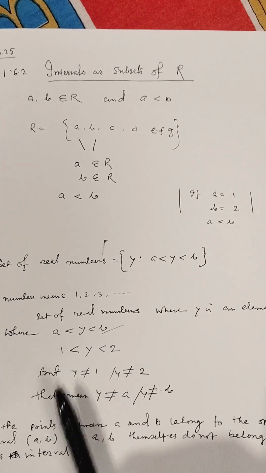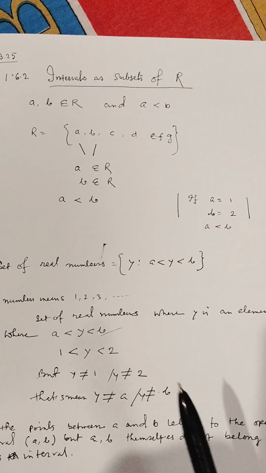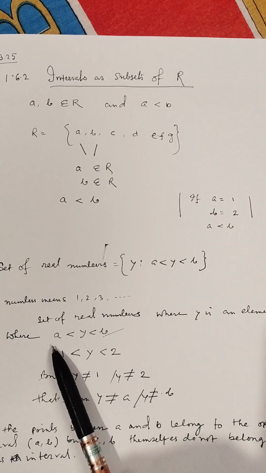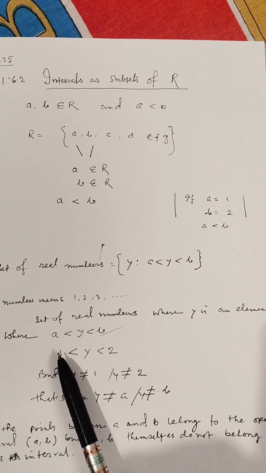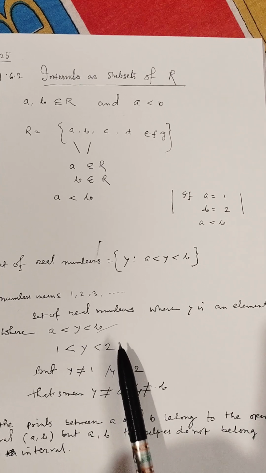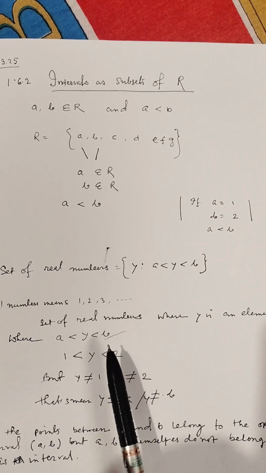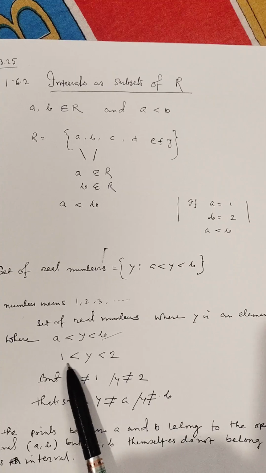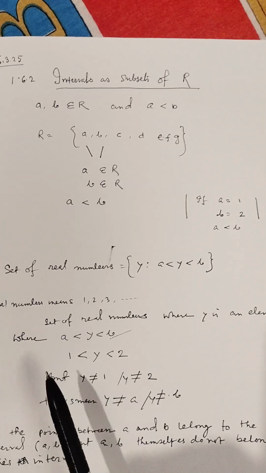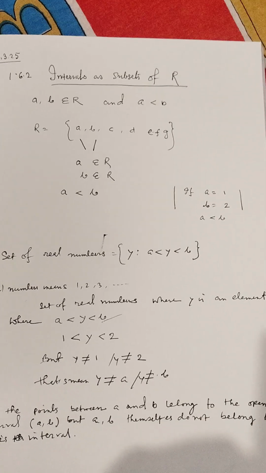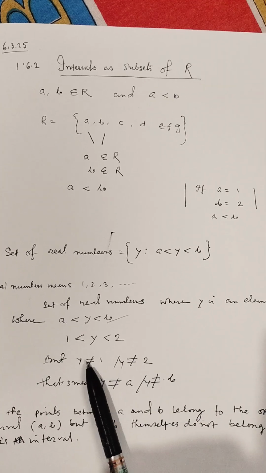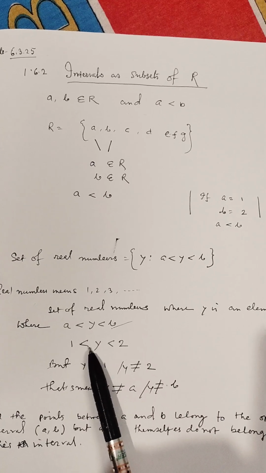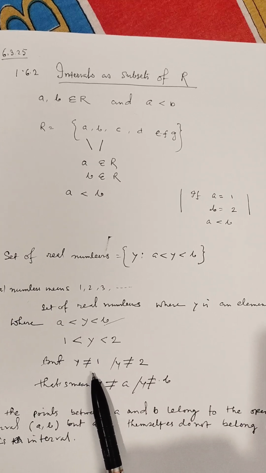So, y is an element where a is less than y less than b. That means if a is equal to 1 and b is equal to 2, then y is between 1 and 2. But y is not 1. Y is greater than 1, not 1.